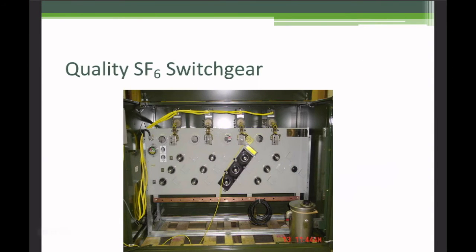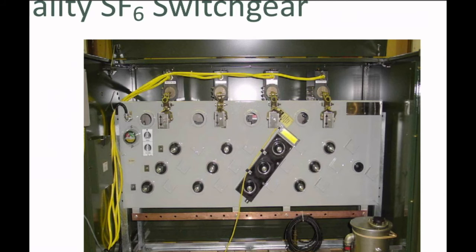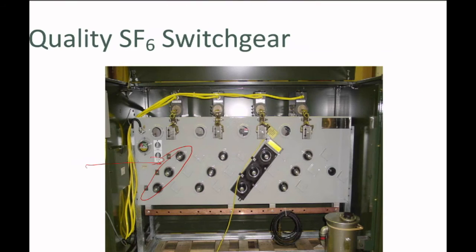So here's an example of a piece of very nice SF6 switchgear. And we can see on the front, we have hookups here. These are bushings, so we've got bushings to hook up our cables.